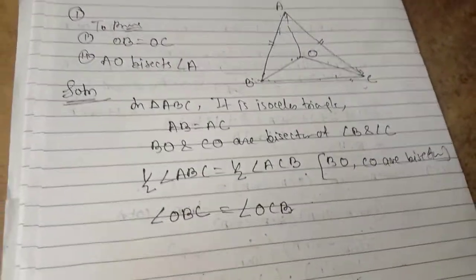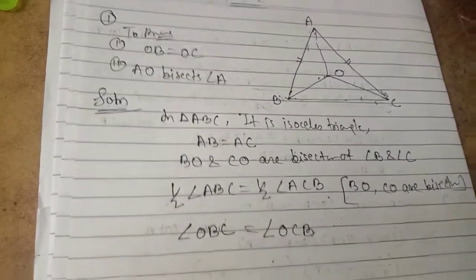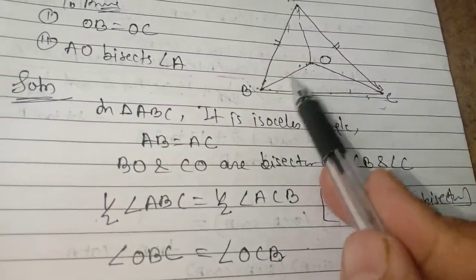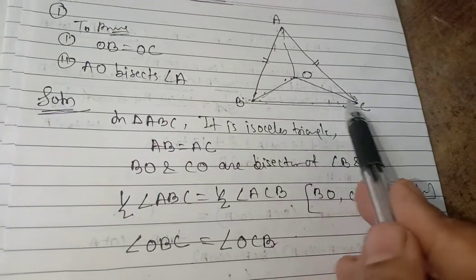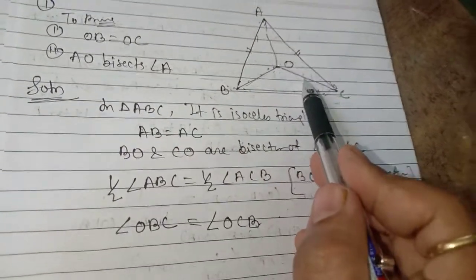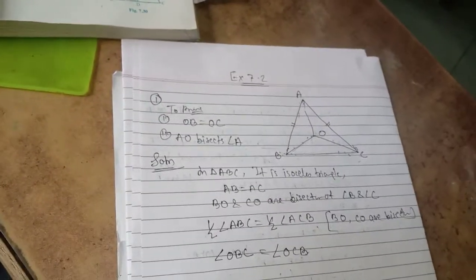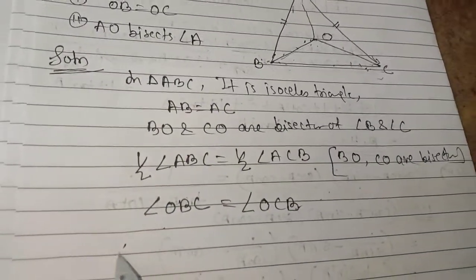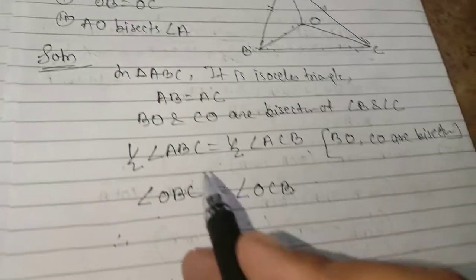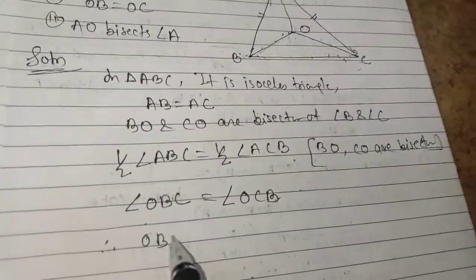We are not done. As I give an assignment, we have to remember the statement that if sides are equal, then opposite angles will be equal, and if opposite angles are equal, then their sides are equal. Okay, so you can write anyway. So if OBC is equal to OCB, we can write clearly, therefore OB is equal to OC.